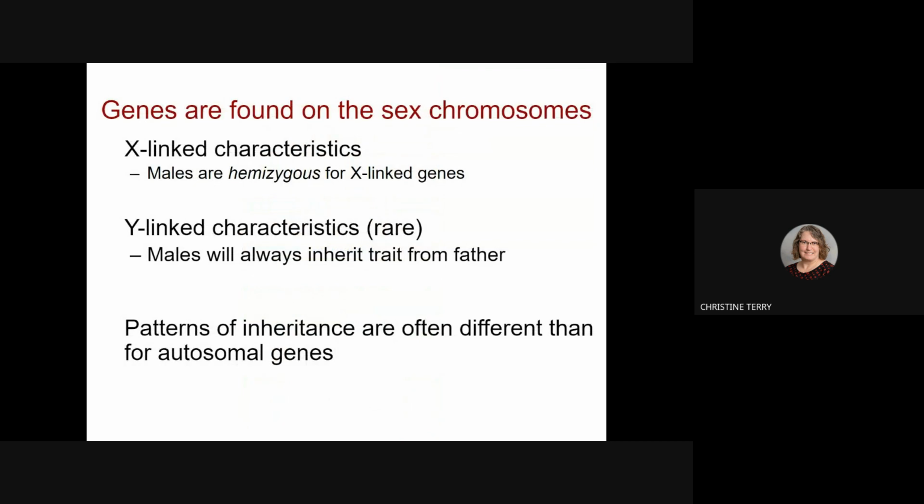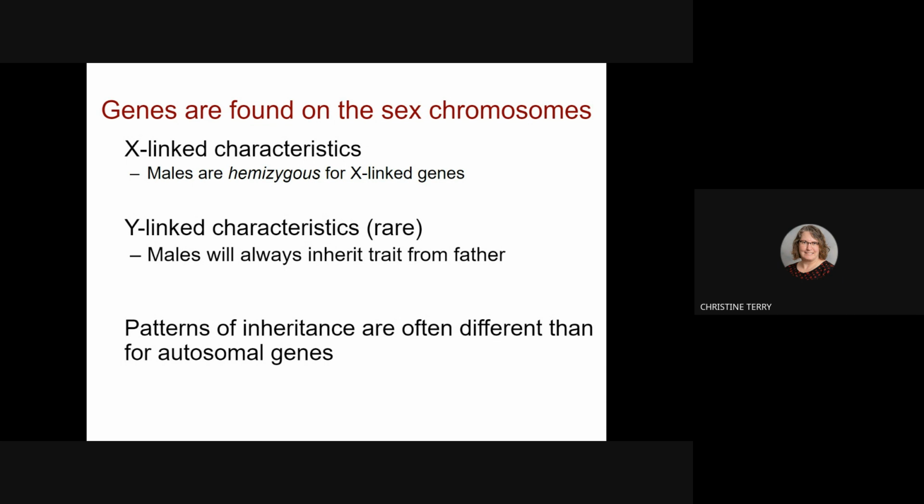The X-linked genes, and there are lots of examples of X-linked genes, are unique in that females have 2 X chromosomes, males only have 1. So if we have a gene that is a recessive trait, a female needs to have both her X chromosomes with that recessive allele in order to have the trait.